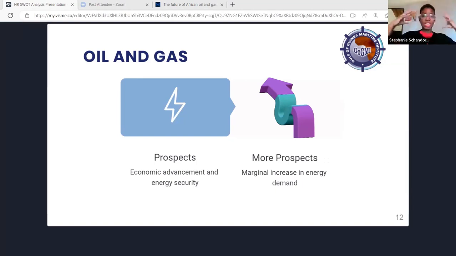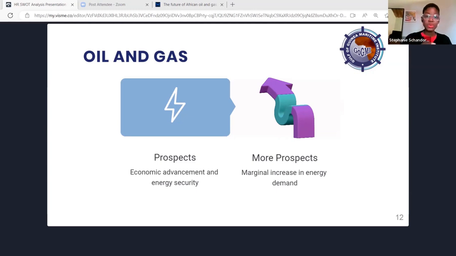So we have all these things that I want us to keep in mind, right? There's a push for transition to renewable energy. There's a constant perception that oil and gas could also hold the key to our economic advancement and to securing our energy security. And demand is also likely to increase. So we cannot downplay the importance of the sector.